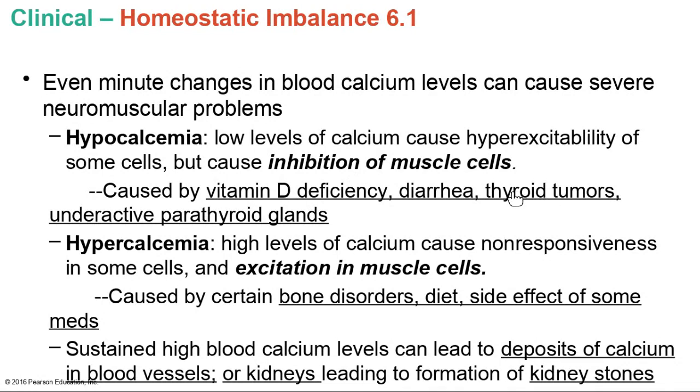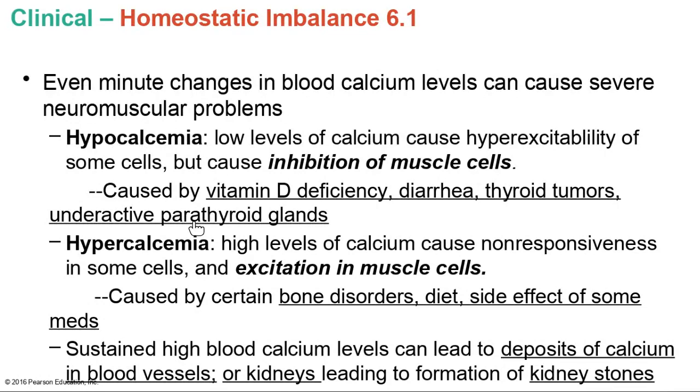The thyroid will be active. So basically, if you have a tumor of the thyroid, you're having too much calcitonin. And the hormone calcitonin will result in a decrease in blood calcium level. So high activity or tumors of the thyroid can cause hypocalcemia.